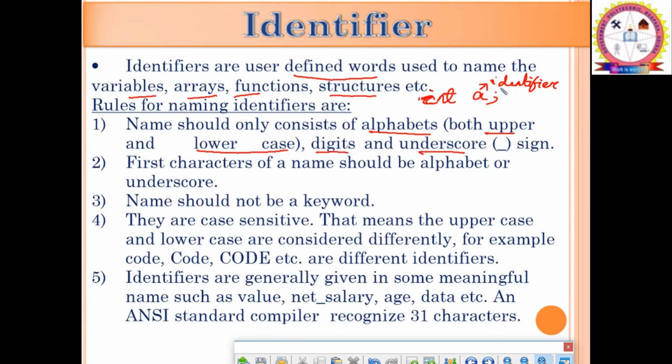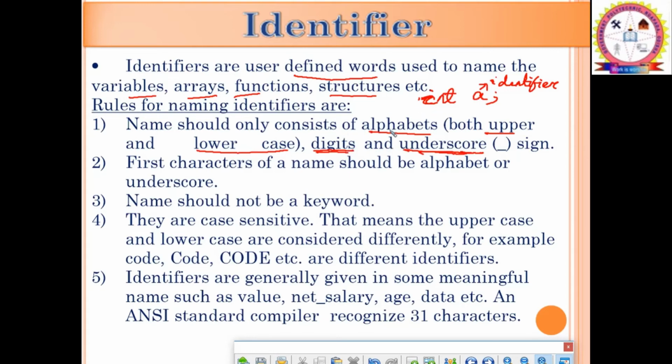So while naming an identifier, we can use alphabets, small letters or capital letters. We can add digits and underscore. This is the only special symbol used for naming identifiers. So alphabets, digits and underscores, combinedly we will use these.